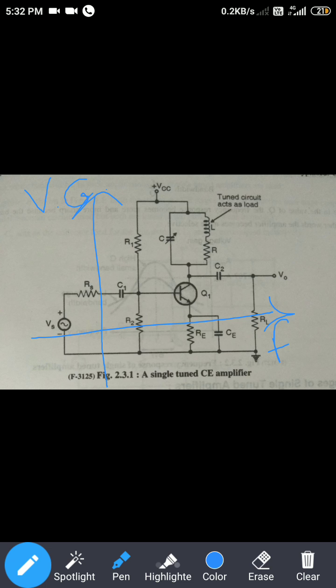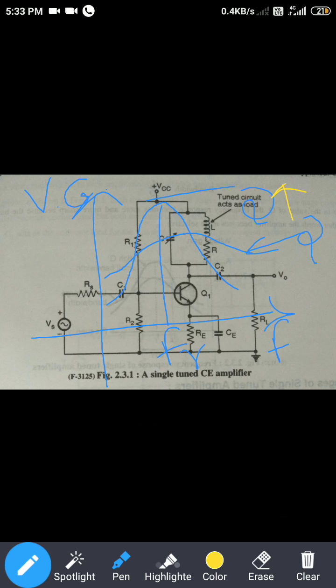Due to this tuned frequency, the signal will be tuned, and you get the higher voltage at a certain frequency. That frequency is called the resonating frequency, and the value of Q will be maximum at this point. Otherwise, in normal small signal or low audio frequency amplifiers, you get a very low Q value. So in the case of a tuned amplifier, the value of Q is maximum.